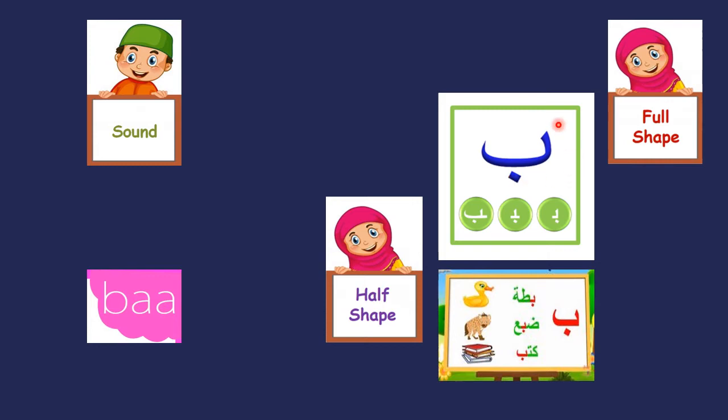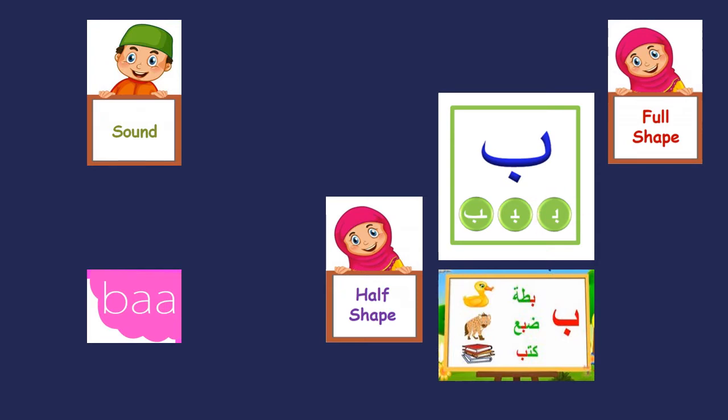This is the full shape of letter Ba. The alphabet has 3 types of proper half shape according to its position in a word. When it comes at the start of the word, its full shape changes into half shape like this.